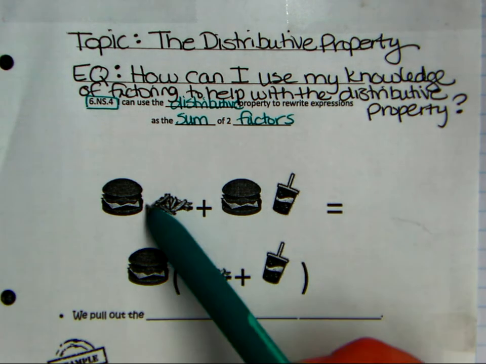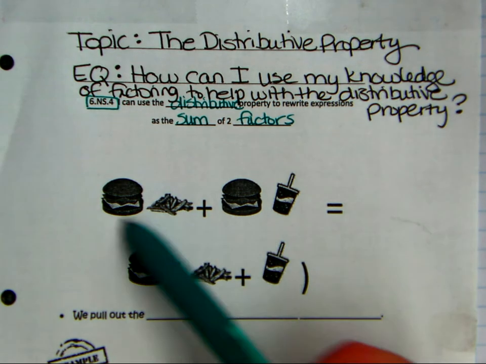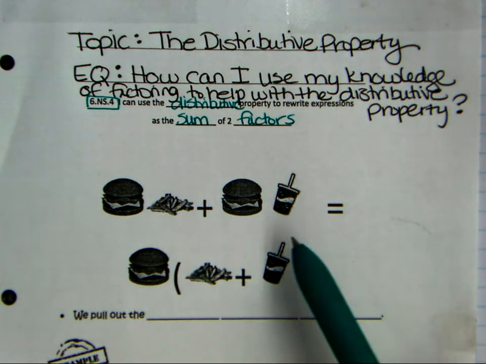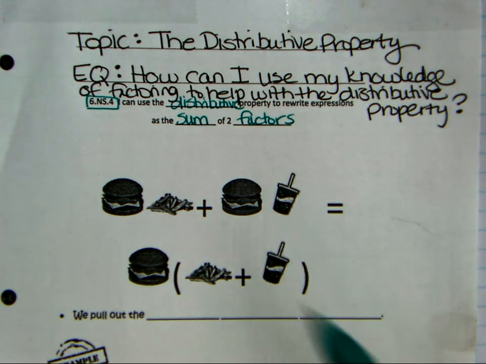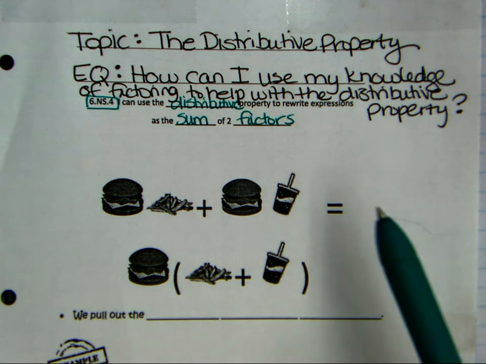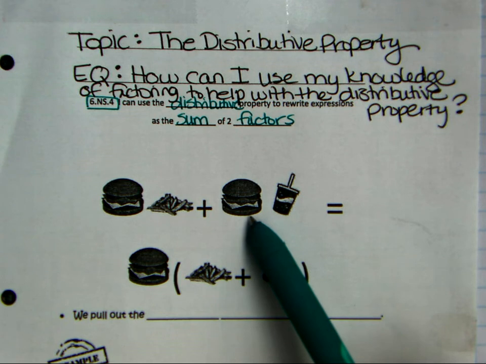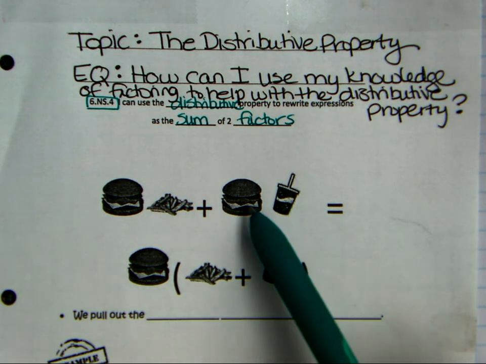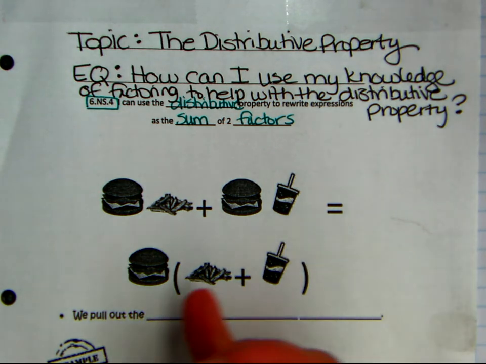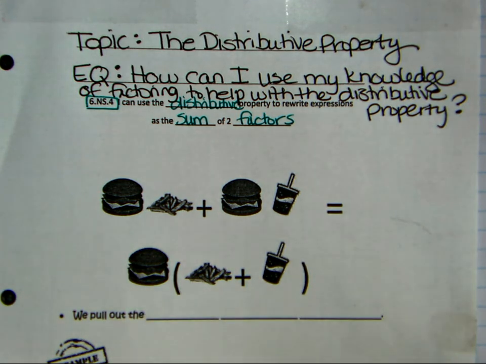What is the common thing that they both have? This person, cheeseburger french fries. This person, cheeseburger milkshake. What's the same? Well, they both ordered a cheeseburger. So I could say that that would be the common factor between the two. It's the thing that's common between them. So I could then theoretically pull that factor out and write it a slightly different way.